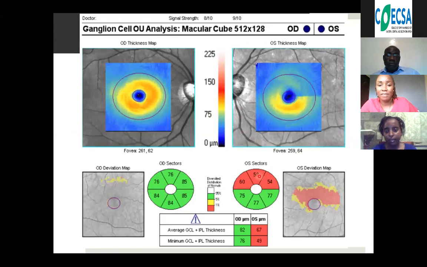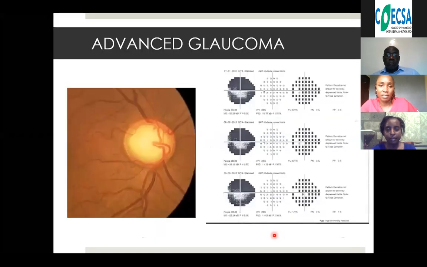However, in the left eye, the superior aspect is quite thinned out, and it's recorded here as red, meaning it's abnormal. So as I said, once you know what the ganglion cell layer is and how to interpret it, you'll be able to interpret this from any machine.